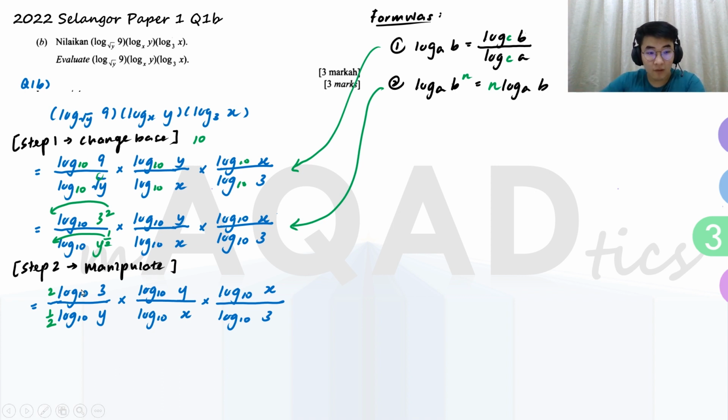For example, this log base 10 of 3, and here log base 10 of 3, so I can cross off. Log base 10 of y here also appears the same thing, so I can cross off, and for the x as well. So if you cross off everything, we are only left with two values, which are 2 and 1 over 2, and we divide them, and this will be our answer, which is 4.